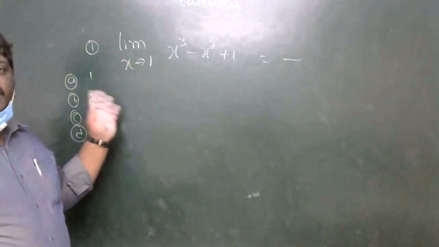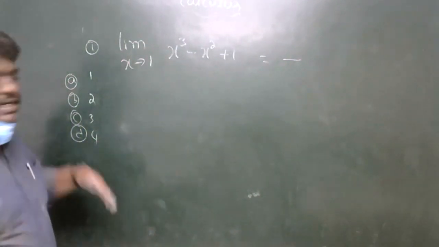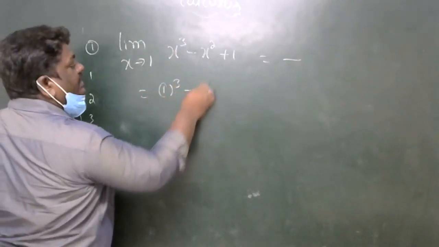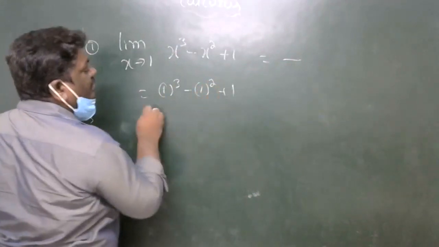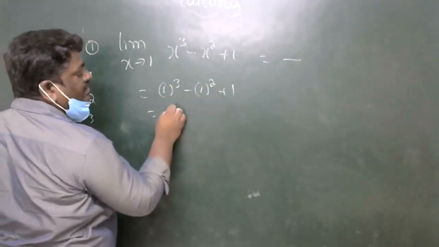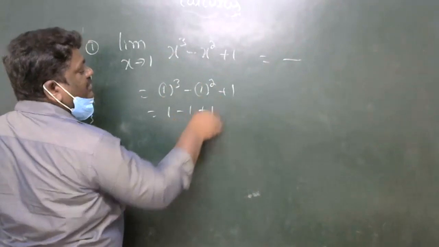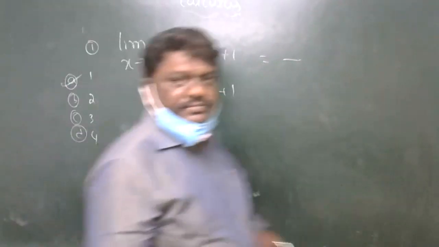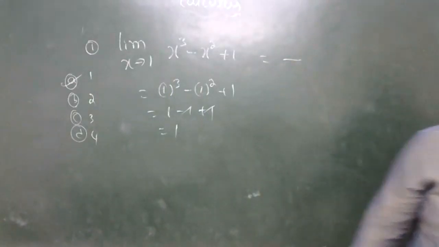But by applying directly, you get the value. In the place of x, you put 1. So you get 1 cube minus 1 square plus 1, which is 1 minus 1 plus 1. The 1s cancel. The answer is 1. Option A.